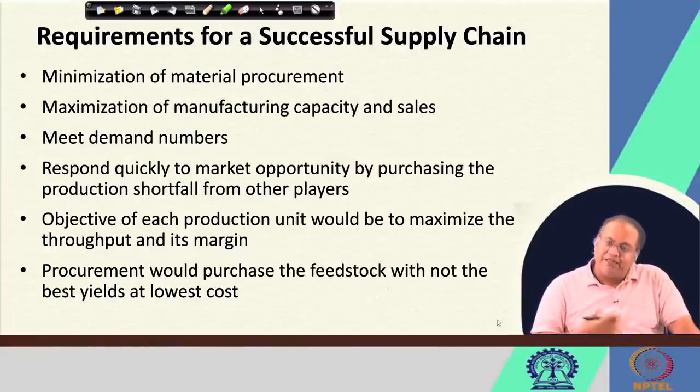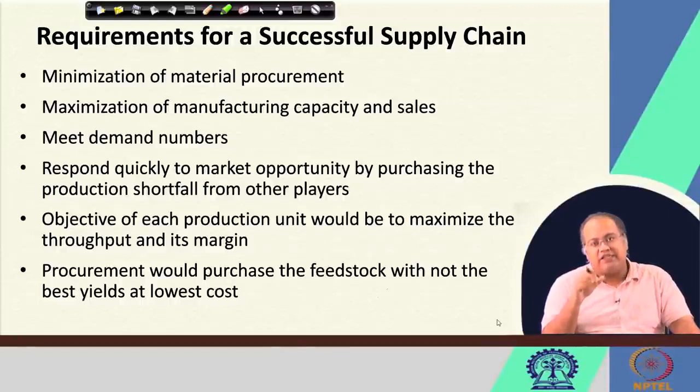Then the interesting fact here is that the objective of each of these production units in this end-to-end supply chain would be to maximize their individual profit, individual throughput and margin. So if you look into the requirements of this complete supply chain management, you will see that to have a proper supply chain architecture, all these different players need to coordinate with each other.